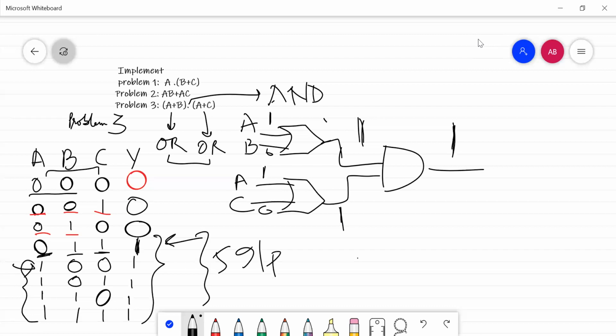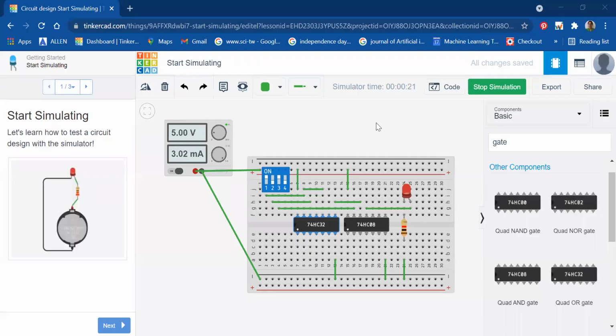So let's verify this in Tinkercad. Here you can see that I have put my OR gate here and I have used 2 OR gates. Again, this circuit is the same because we have used A, B and C. This A is acting as the input to pin 13.